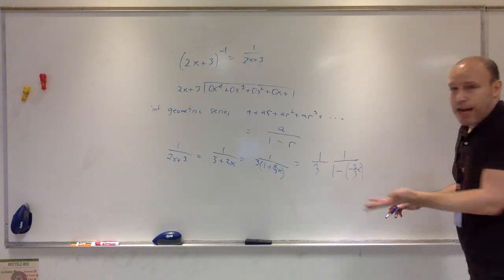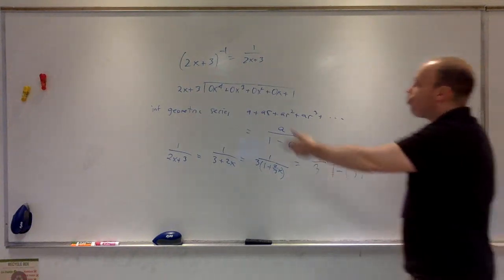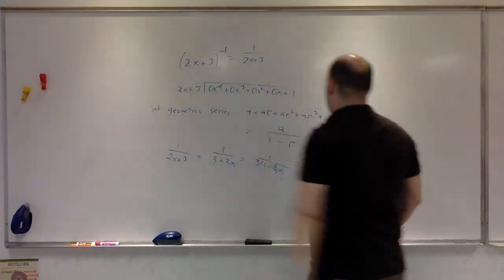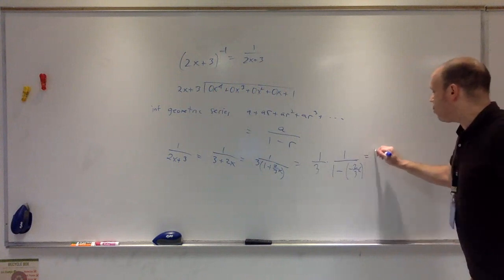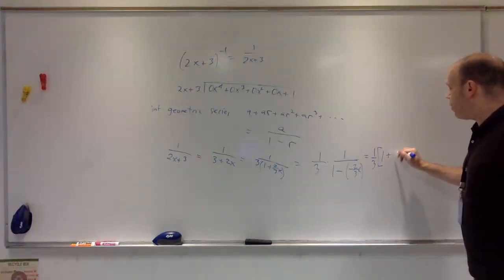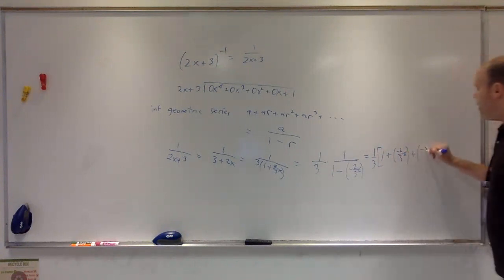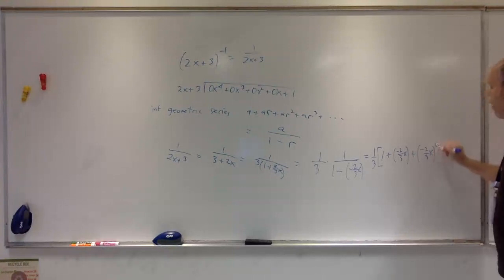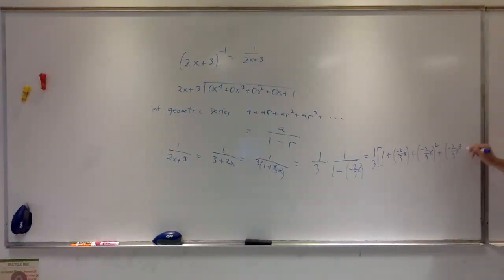And I have everything I need to raise a binomial to the negative first power. So this is 1/3 times 1 plus negative 2/3 x plus (negative 2/3 x) squared plus (negative 2/3 x) to the third, ad infinitum. If I want to go out to 4 terms, this is how I would do that.